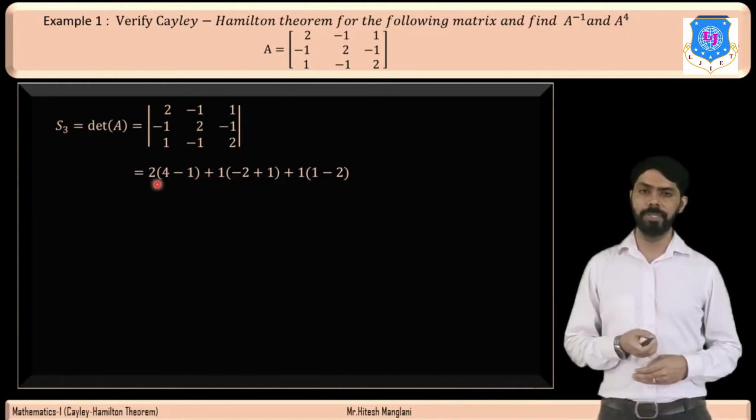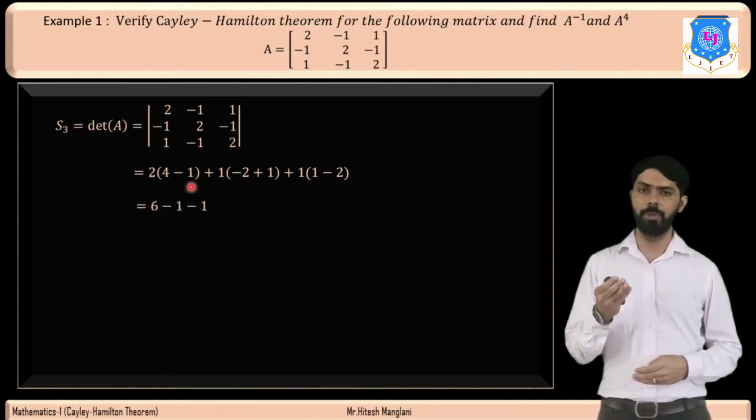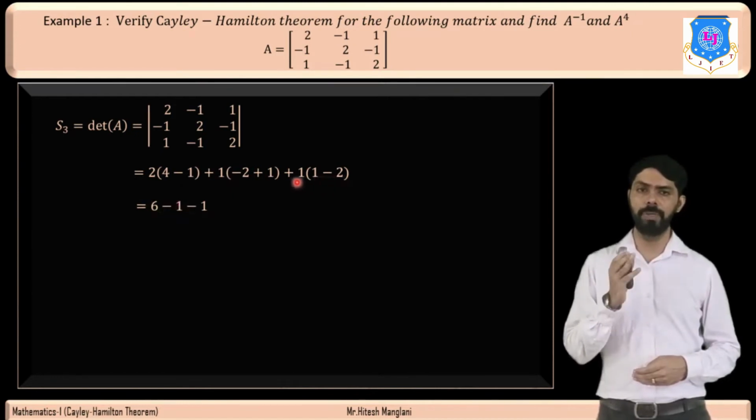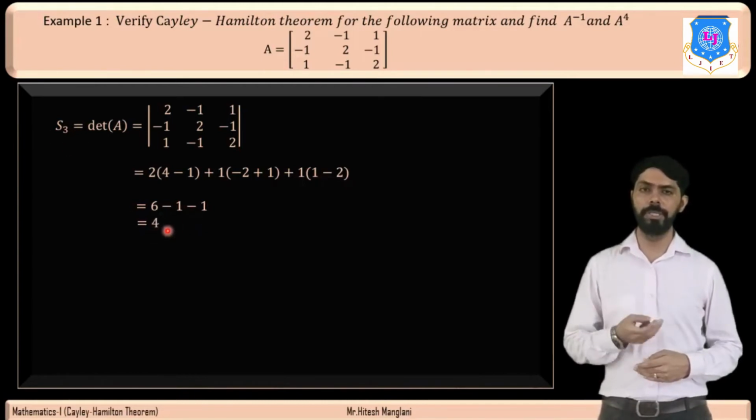Simplifying, it will be 2 into 3, so 6, then minus 2 plus 1, so minus 1, into 1, so minus 1, then 1 minus 2, it will be minus 1, and minus 1 into 1, so minus 1. So 6 minus 2 will be 4. Therefore the value of S3 is 4.